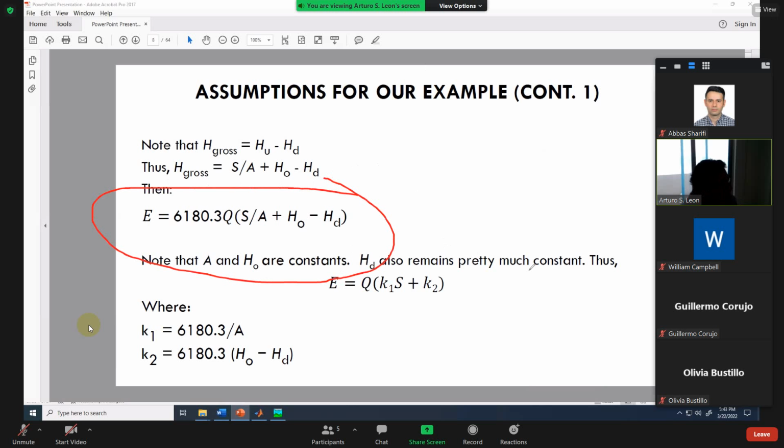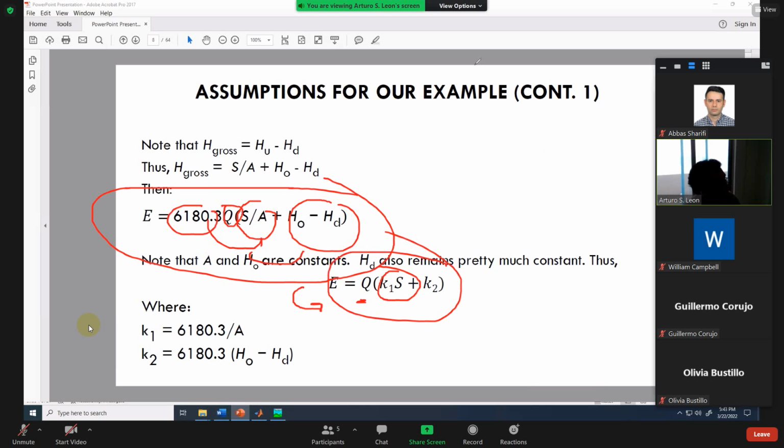I can replace this equation by this equation, because here I have a Q, and all of this times this becomes a constant. And this is a constant, so this multiplied by this will also become a constant. So that's why I have this equation.